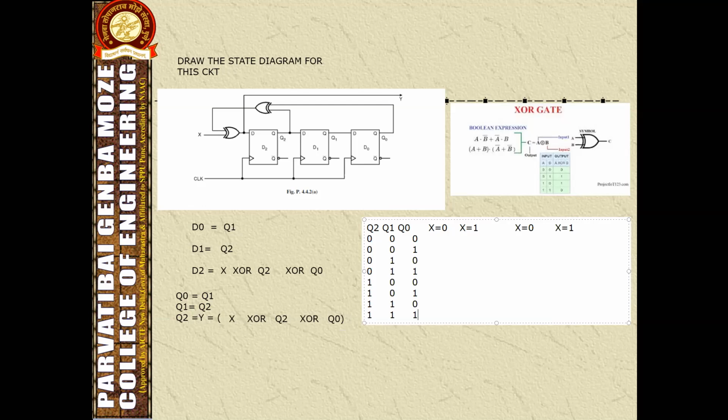These are the possible combinations of the output. These output combinations we can get at these input terminals, with data flowing through these input terminals.